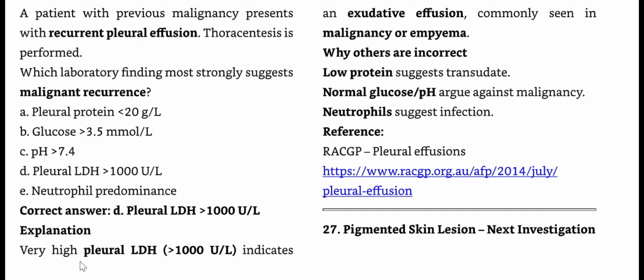Explanation: very high pleural LDH, more than 1,000 unit per liter, indicates an exudative effusion. Exudative effusion is commonly seen in malignancy or empyema.